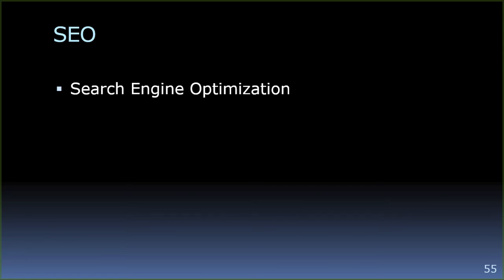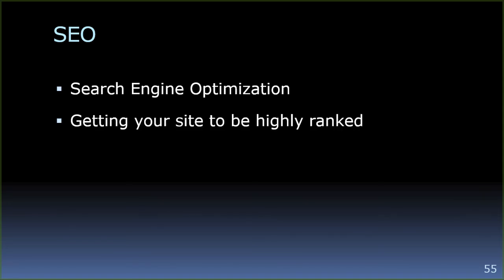Third page, never. If you're a business, you want your business to appear on that first page. And there are certain techniques that you can use to make sure that your site appears on that first page. And that technology is called search engine optimization. And it's actually a pretty good way to make money. Businesses will pay a lot of money for that information.